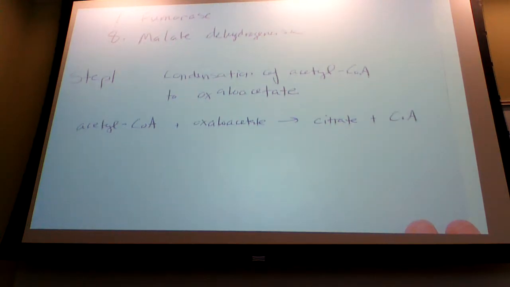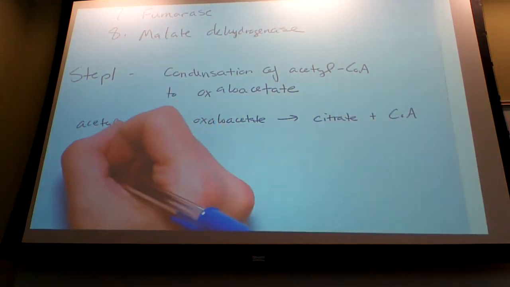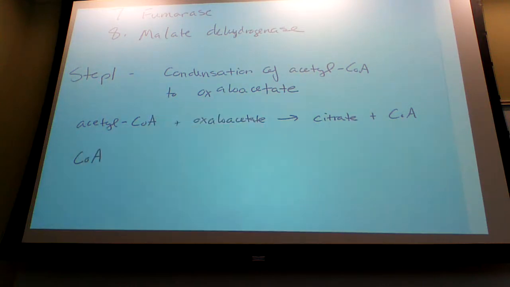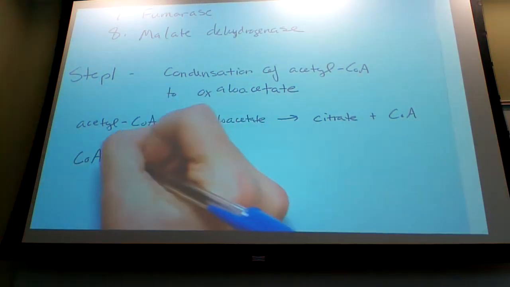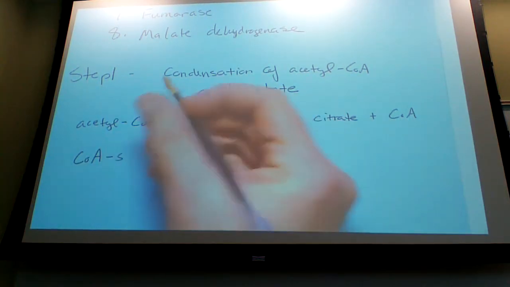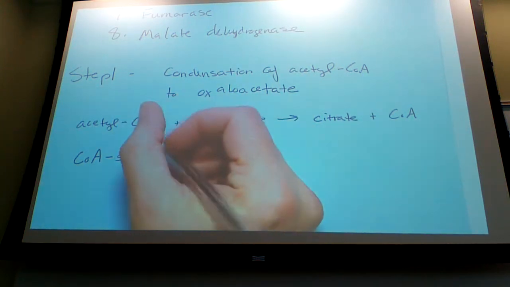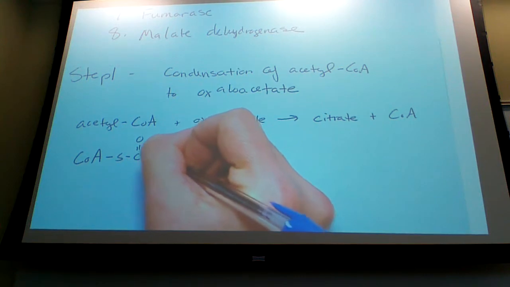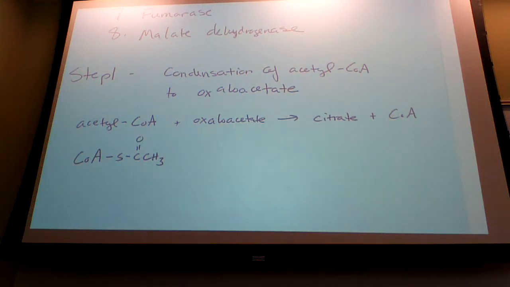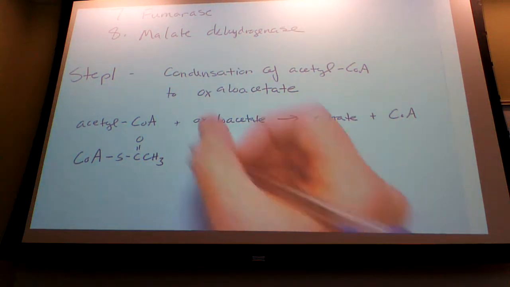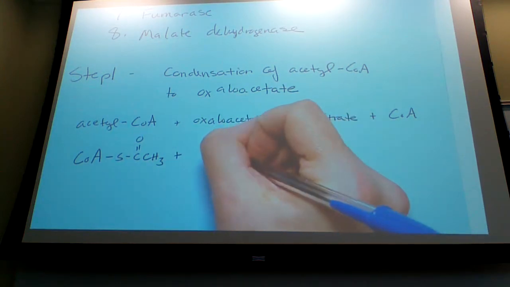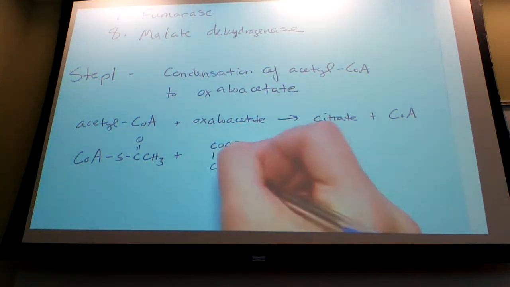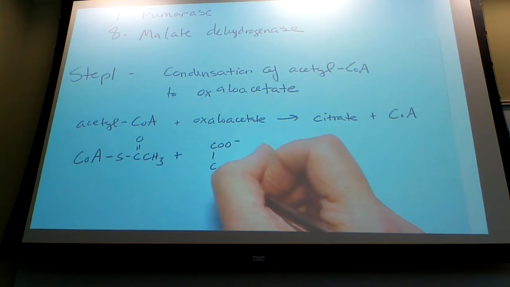We're going to start drawing these out now. So for the coenzyme A, again, we're going to abbreviate that, but we're going to show the thioester linkage to the acetyl group. And we're going to add that to oxaloacetate, which has a couple of carboxylic acid groups on it.